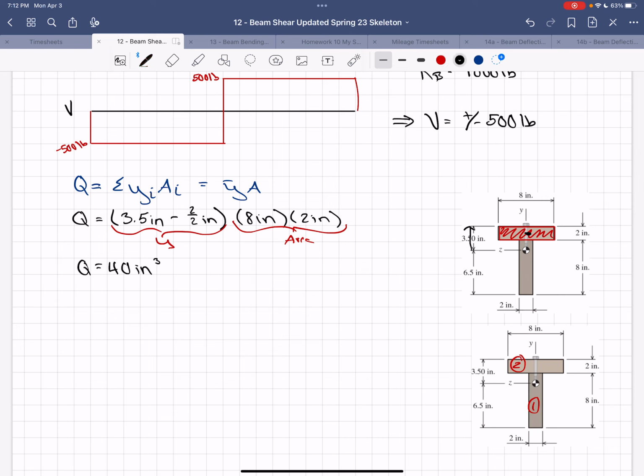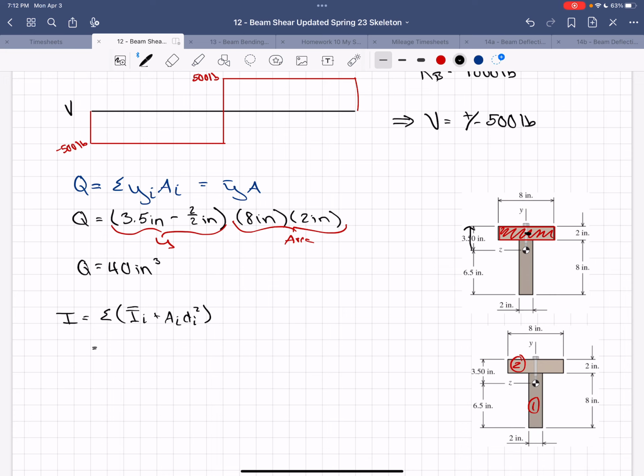I'm not going to make a table, I'm just going to do I equals the sum of I bar plus A d squared. Here I bar 1, that's this one, so b is 2, h is 8.